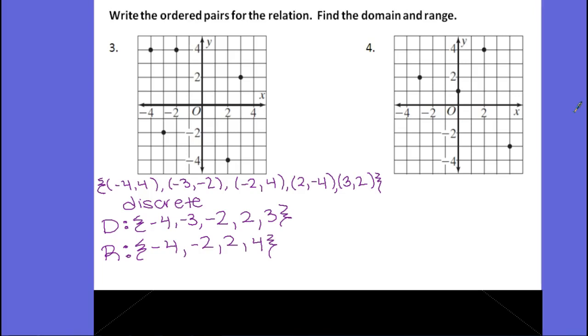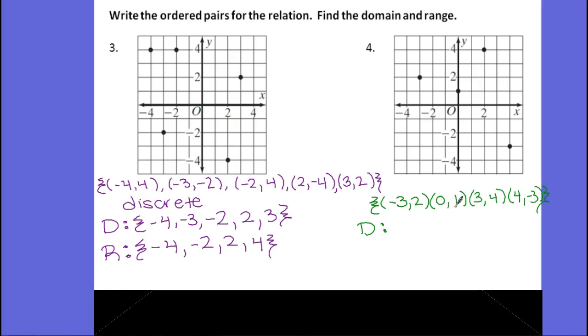Okay? Example 4. Once again, your relation points would be -3, 2, 0, 2, 3, 4, and 4, -3. Oops, sorry, 0, 1. Thank you.